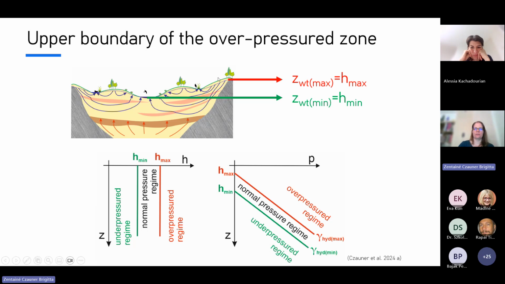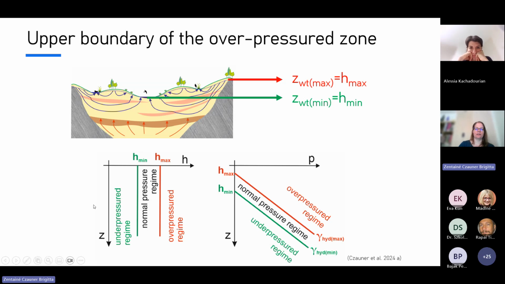So if you know the maximum and minimum elevation of the water table in the basin, then we can define the maximum and minimum hydraulic heads which can occur in the normal pressure system.